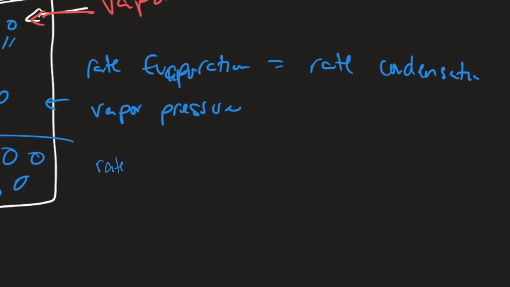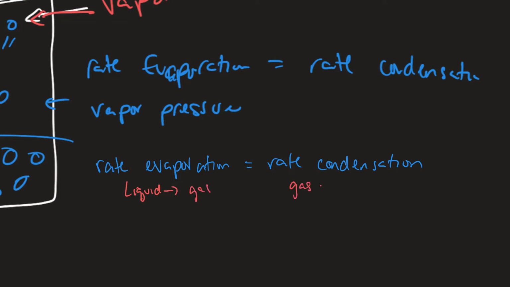Just to reiterate, in case you missed it the first time: when the rate of evaporation, where a liquid becomes a gas, equals the rate of condensation, where the gas becomes a liquid, then we can say that the concentration, or the amount of vapor, is constant.